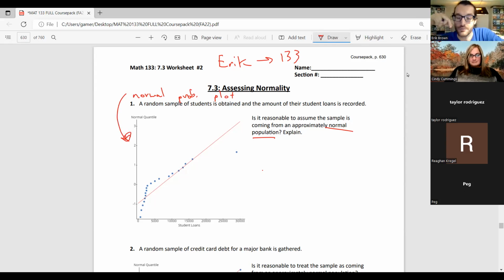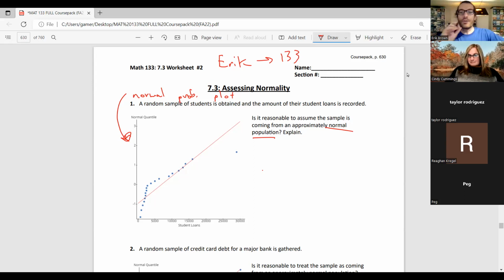Now you need to be careful. This looks a lot like a scatter plot of two variables from which we wrote a regression equation like we did back in chapter 4. You could also confuse it with a residual plot, which is the graph of the difference between the data values and the regression equation that we found back in chapter 4.